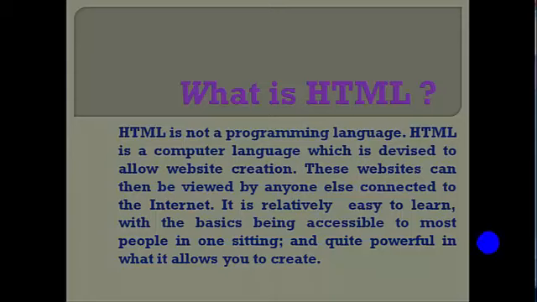It forms a triad of cornerstone technologies for the World Wide Web. Web browsers receive HTML documents from a web server or from local storage and render them into multimedia web pages.